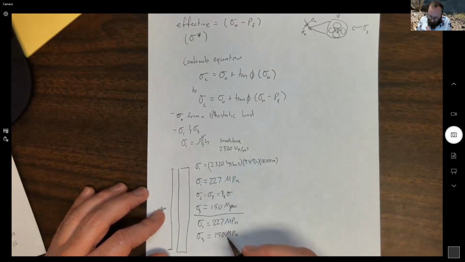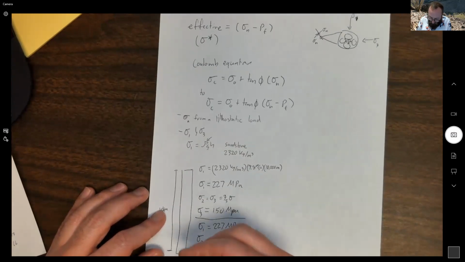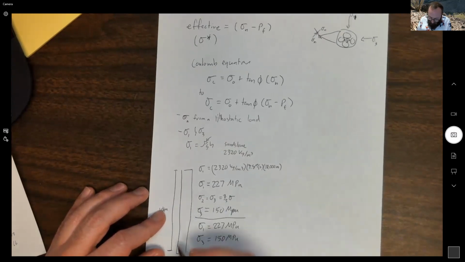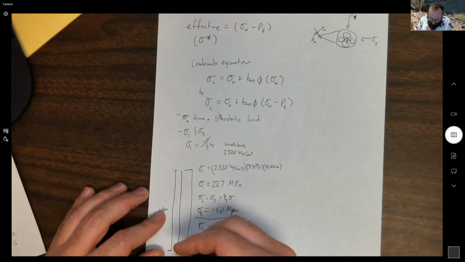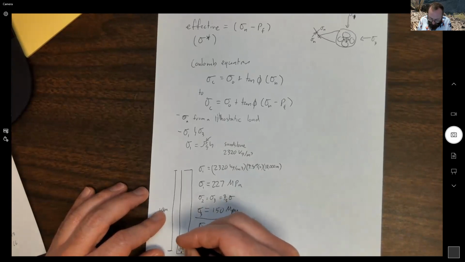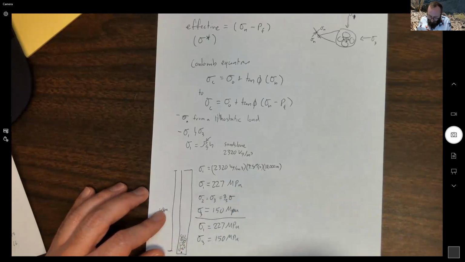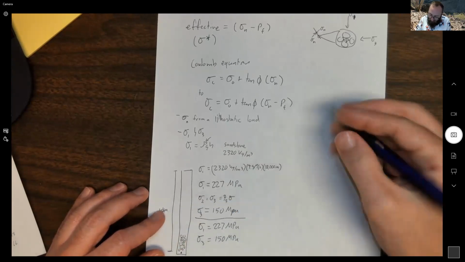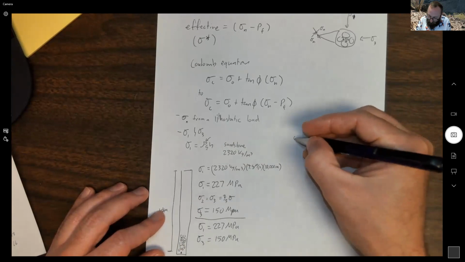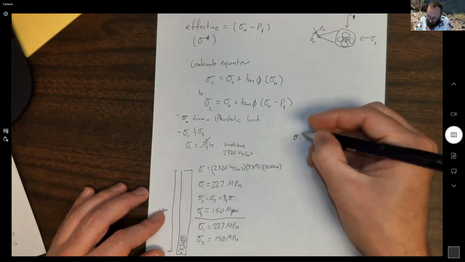So now let's think about, we're down here in the crust, right? And we have all this space that's also filled with water. Normally what we would do is also play this game of what's the pore fluid pressure.